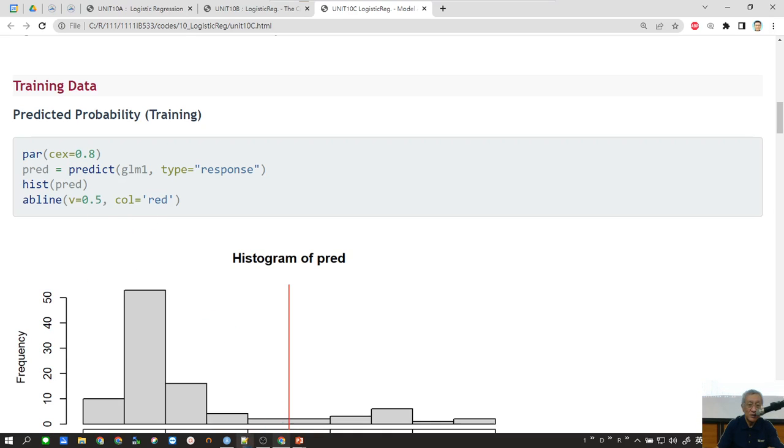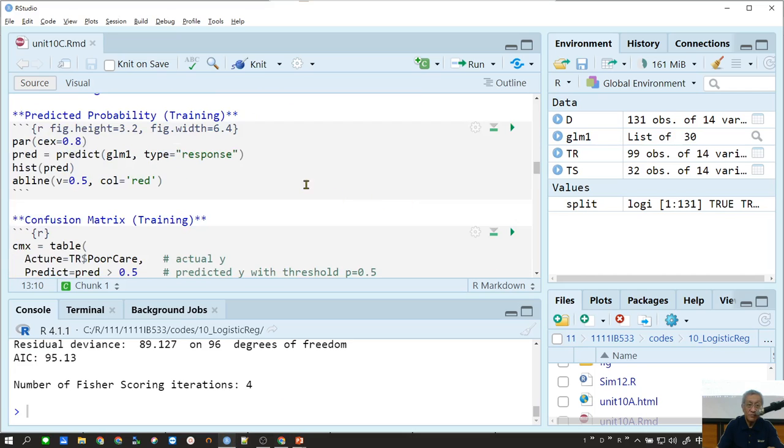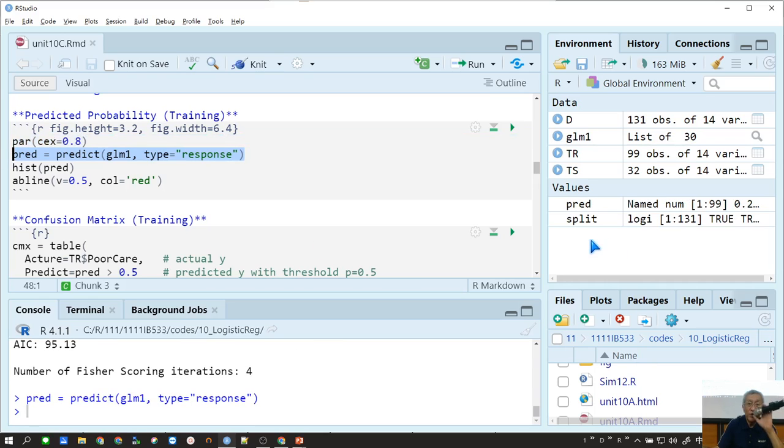So let's go back to the last one. When I do this, I will have a vector of 99 probabilities. Because in logistic regression, when you use predict with type equal to response, you will return the probability of each data point, the predicted probability.